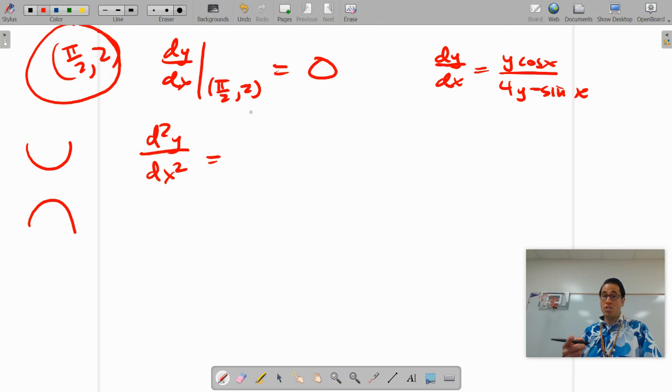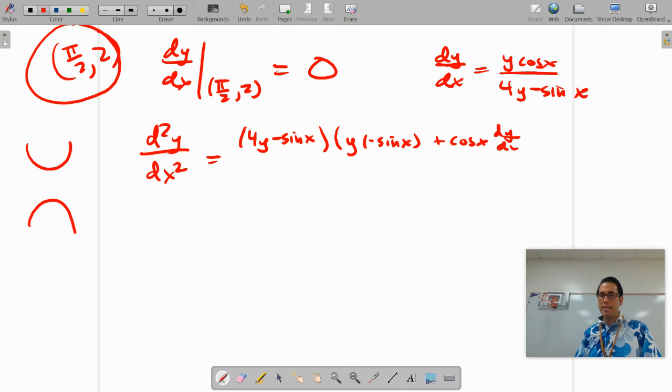Maybe they were going to give you a point for doing the quotient rule. The quotient rule is the low times the derivative of the high. The derivative of the high we already did, but remember it is a product rule, plus cosine x times dy/dx, which is just going to be 0, as we just found.